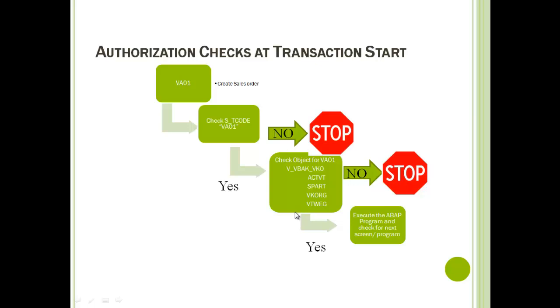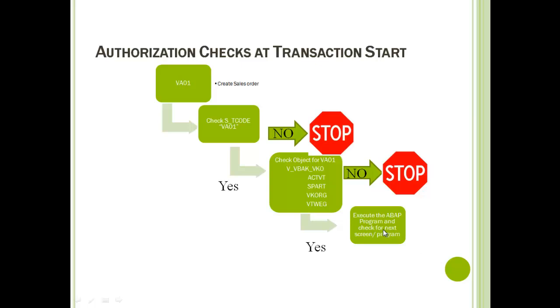Let's say this is available, then the user can create a sales order. All the authorization objects to create a sales order are already there. Then it will execute the program and go to the create mode. Let's say the user goes further to the next screen, from the sales order to any other screen, then it will check the next authorization object which is required. Say after creating the sales order, the user is trying to create a consecutive document, for example a delivery note.